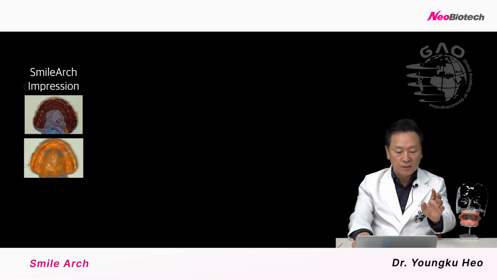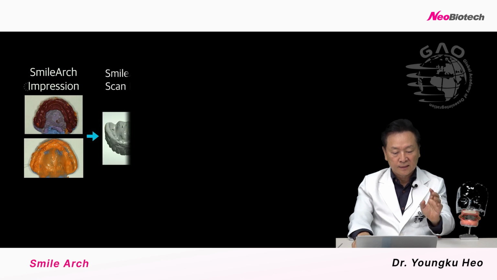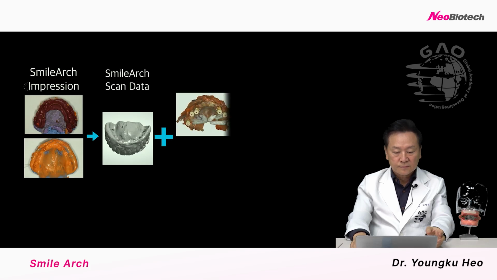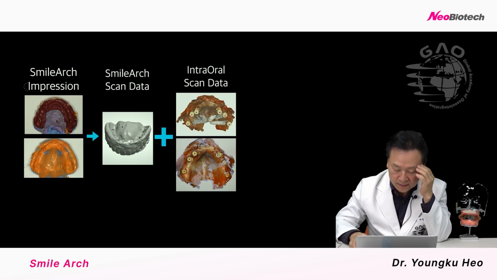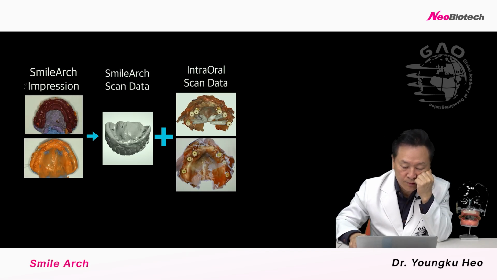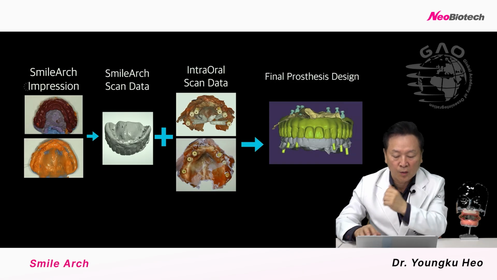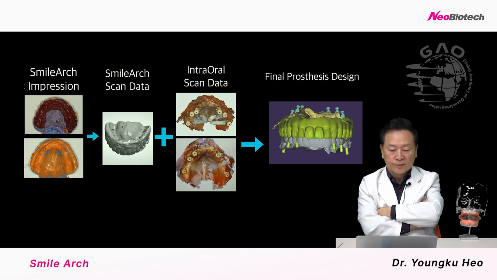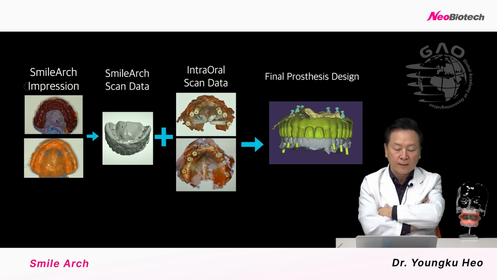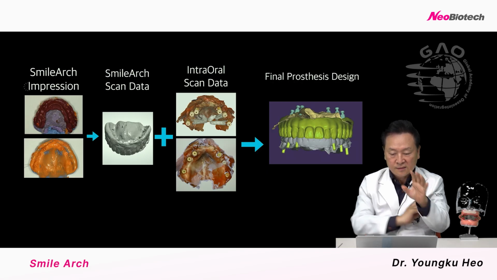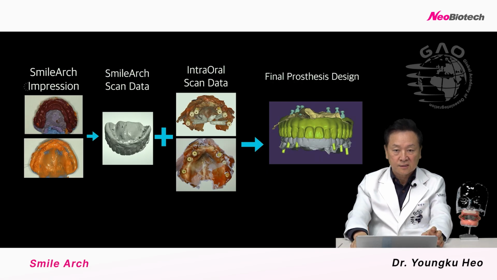So this is the SmileArch impression and the bite, and we scan this SmileArch data, and also do the intraoral scanning, all together. Then we can mount the upper and lower arch in the computer. And we have the right vertical dimension, and we have the right smile line. We have everything, so that we can design the final prosthesis or provisional prosthesis.